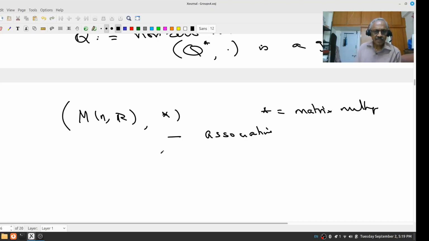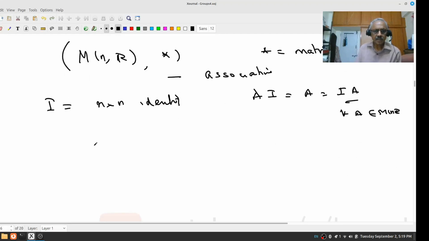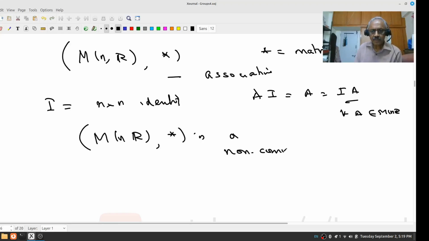And it's also a monoid because of the n cross n identity matrix, which serves as an identity: identity times A is the same as A times identity for every A in M_n(R). Therefore M_n(R) with star is a non-commutative, non-abelian monoid. It's a monoid, that's more important.